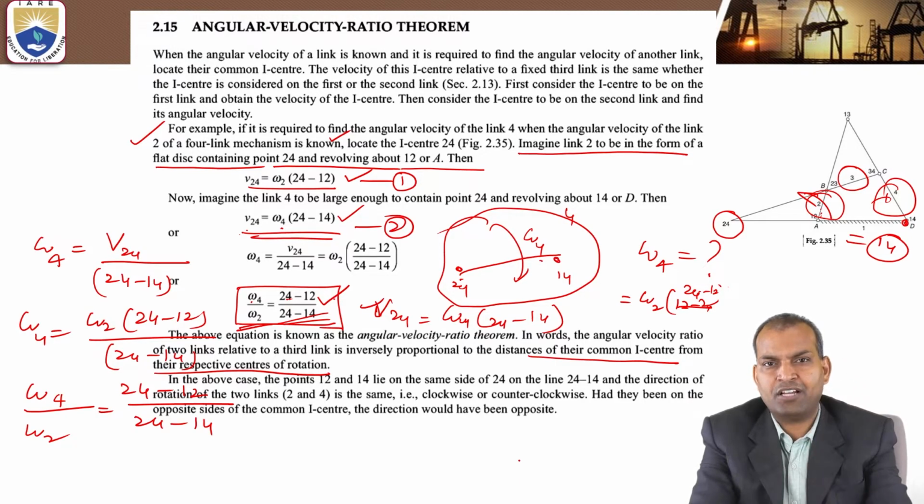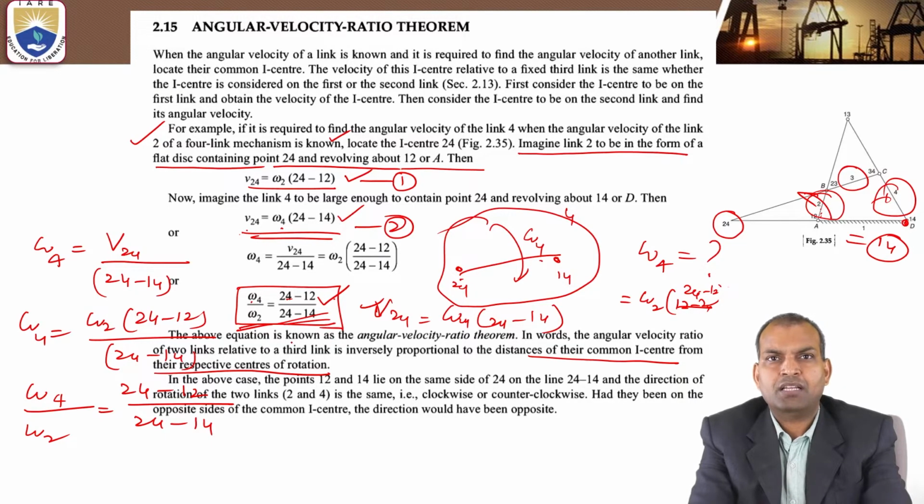Then what to do? Apply the linear velocity: V24 equals omega 2 times the distance from the common instant center to the center of rotation of that link. Similarly, the linear velocity equals omega 4, the angular velocity of the unknown link, times the distance from the common instant center to the center of rotation of that unknown link.